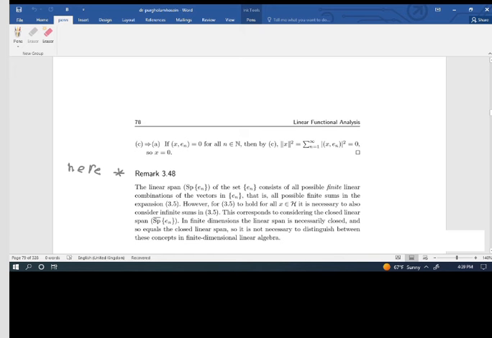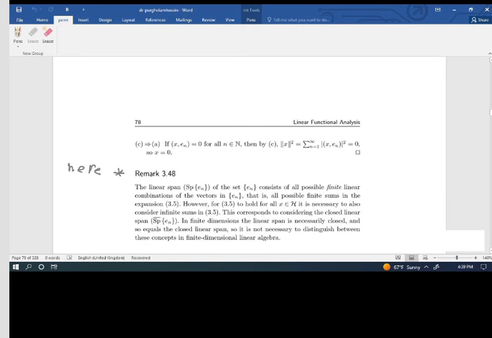If we have an infinite sum like 3.5, this means considering the closure of the span of En.